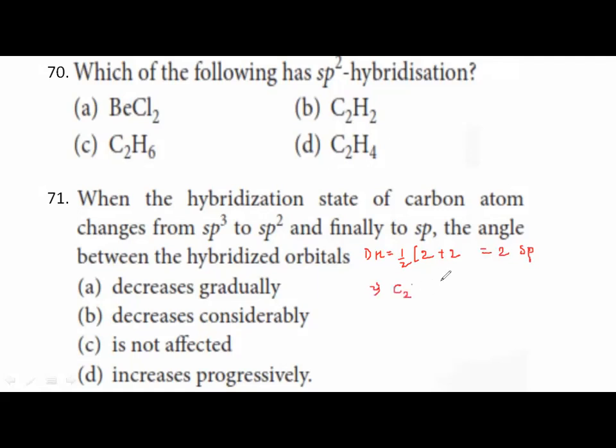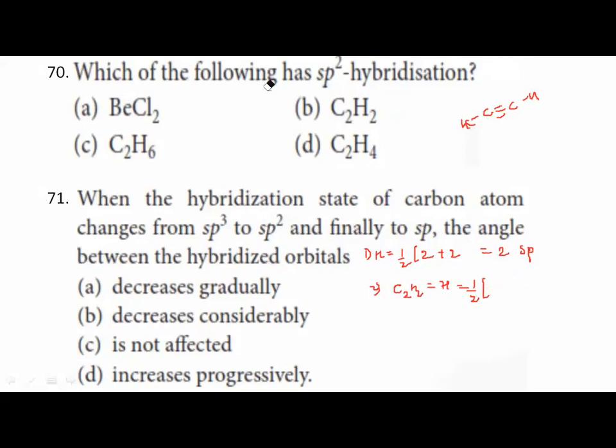C2H2. H is equal to half of carbon's valence electrons. It is bonded to only one atom, not two, because I'll show you the structure. It is like this, C2H2. This is the structure, so it is only bonded to one hydrogen atom.